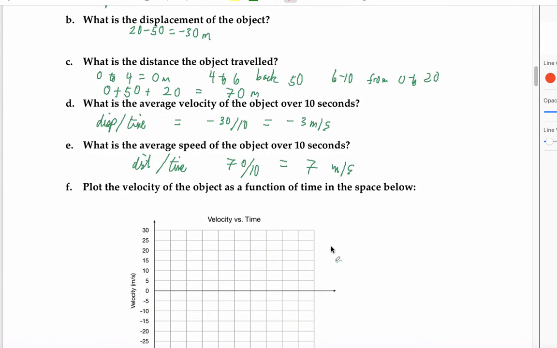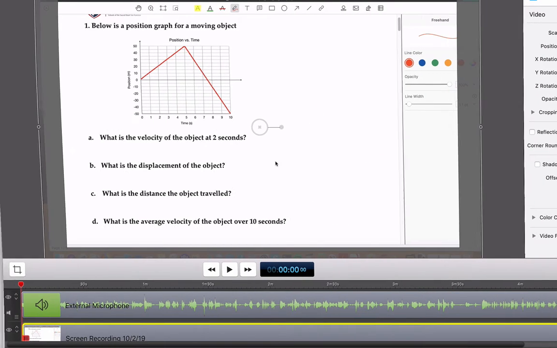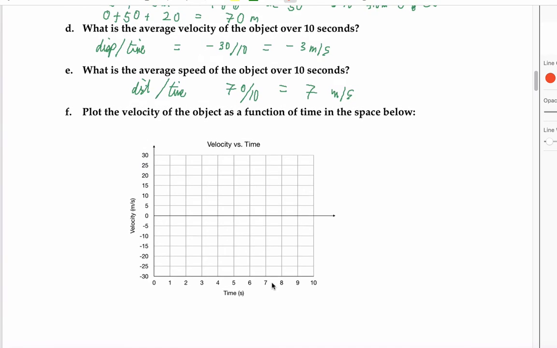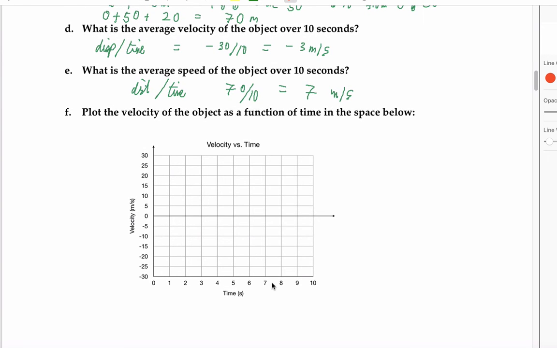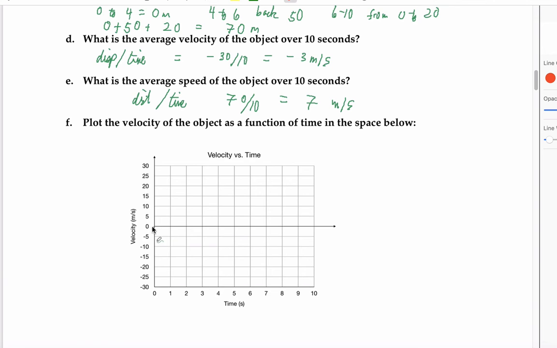Lastly, in part F, we're going to go ahead and plot the velocity as a function of time in the space below. So for the first 4 seconds, our velocity is 0.